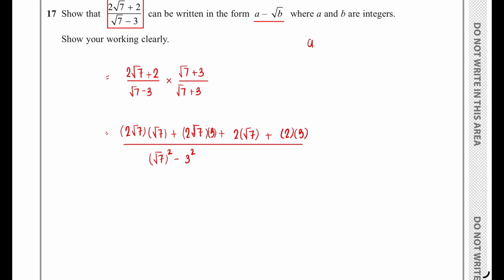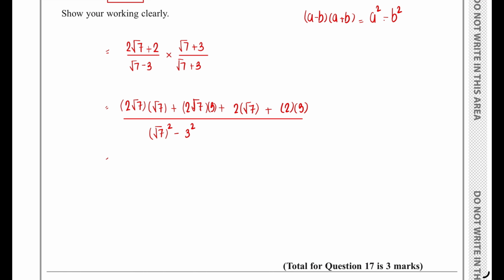Because if we have (a minus b) times (a plus b), it will equal a squared minus b squared. Then we will have square root 7 times square root 7 equal to 7. 7 times 2 is 14, plus 6 square root 7, plus 2 square root 7, and then plus 6, divided by square root 7 squared, which is 7, minus 3 squared, which is 9.